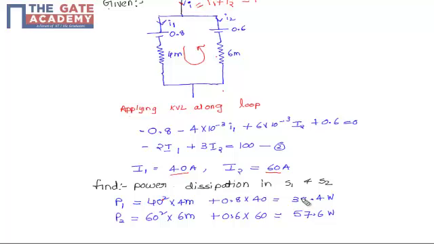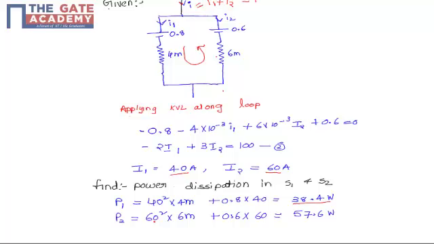For S1, I1 is 40, the resistance is 4 milliohms, plus the voltage drop 0.8 into the current 40. We get the power dissipation as 38.4 watts.